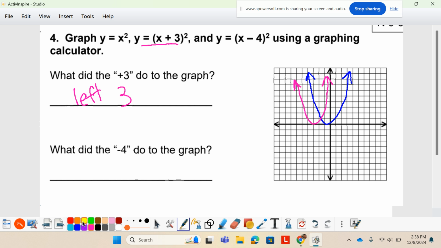And our minus 4 is going to move it to the right, 1, 2, 3, 4. So minus 4 moved it right, and that moved right 4.